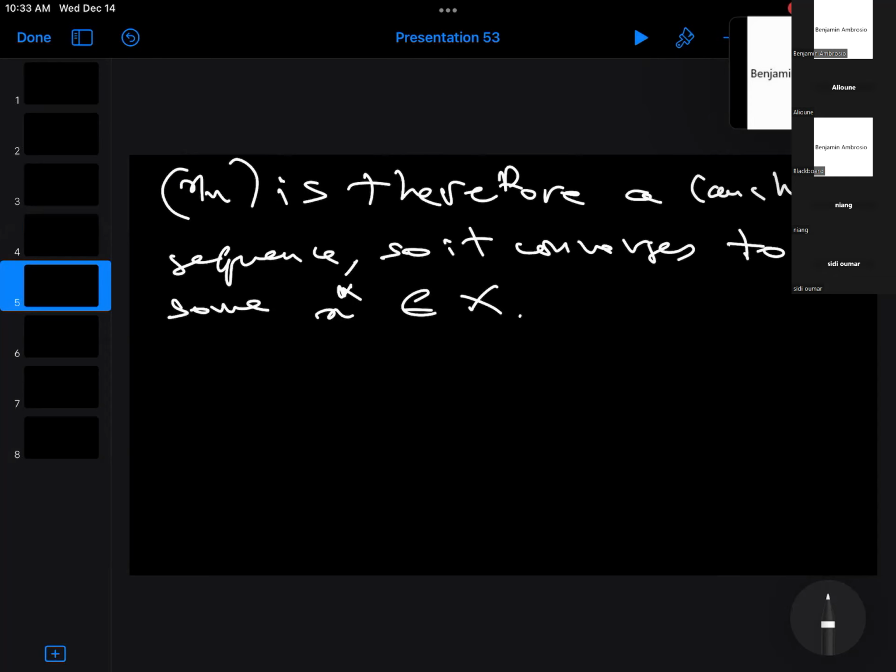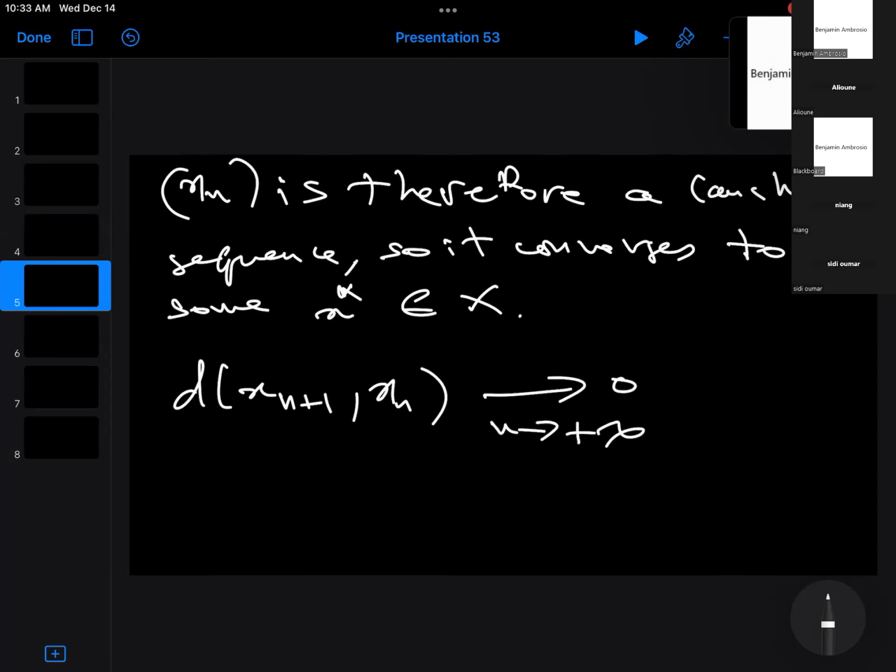Now we have that the distance between x_{n+1} and x_n, I know that this goes to 0. We proved that as n goes to infinity, but this is also the distance between s of x_n and x_n.